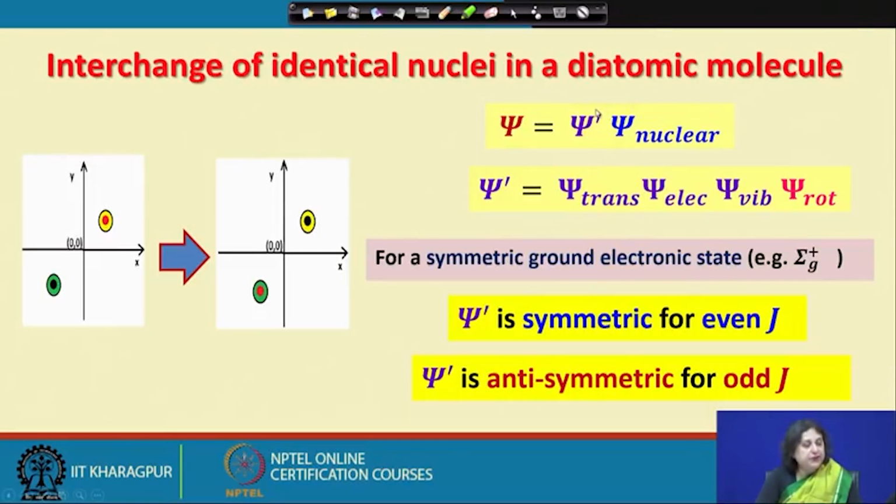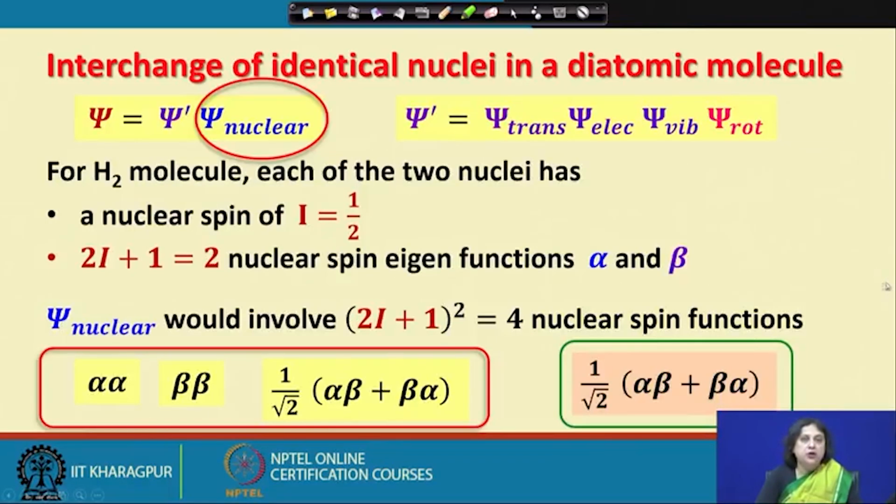We still have to understand the symmetry requirement of the nuclear wave function. That is what we started discussing, and we took the example of a hydrogen molecule, where each nucleus has a nuclear spin of half, and they have two nuclear spin eigenfunctions denoted as alpha and beta.